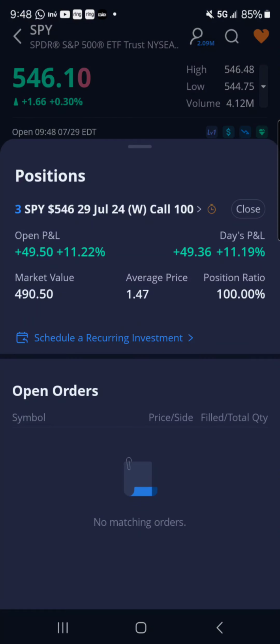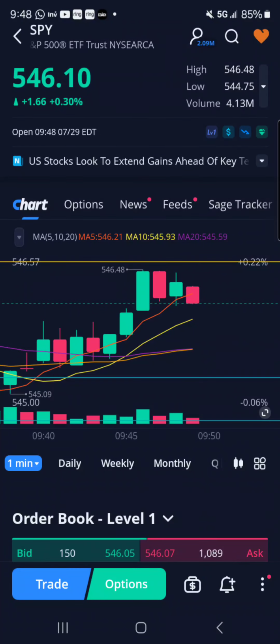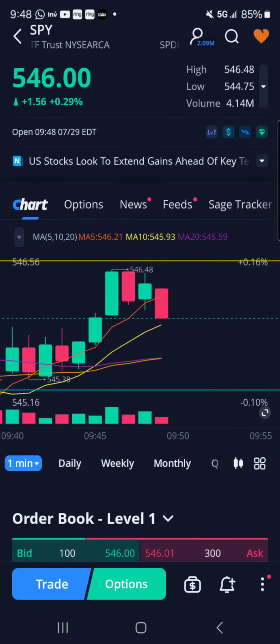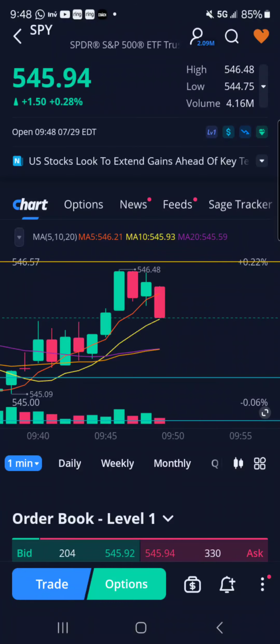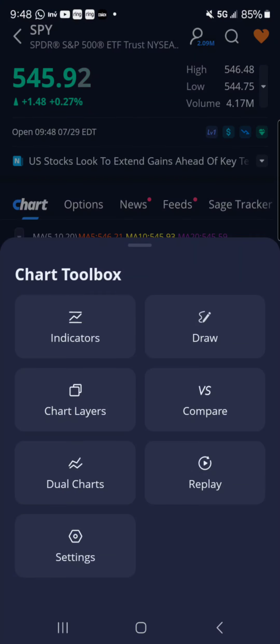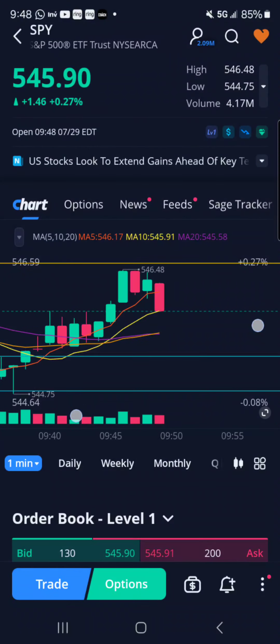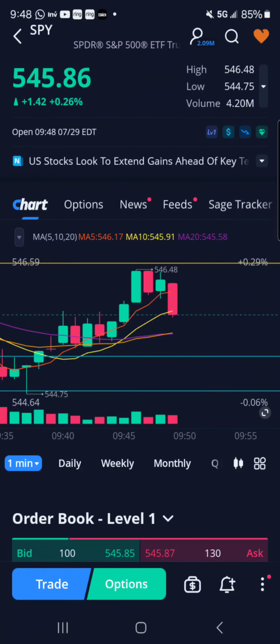So now we're at 49. We might just take that $49 and call it a day. See, going closer to that time, price starts reversing real quick.